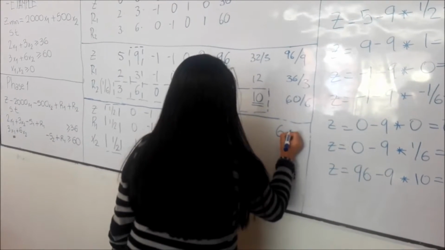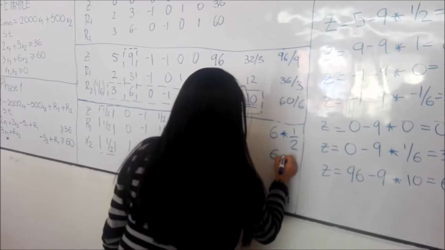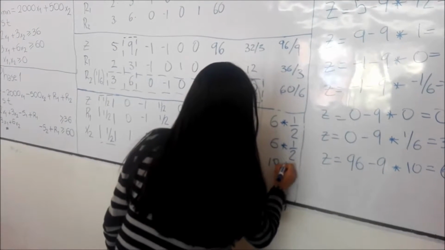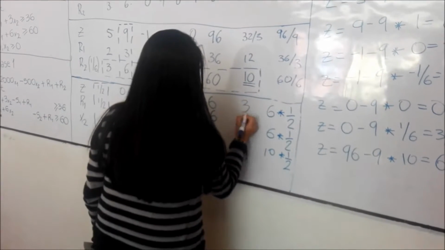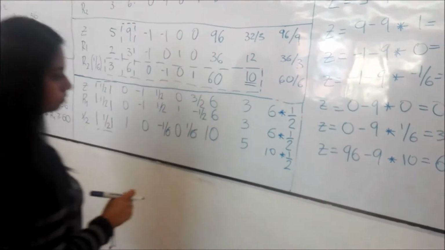We write: x1, 1 over 2, x2, 0, s1, minus 1, s2, 1 over 2, r1, 1, r2, minus 1 over 2, solution 6.